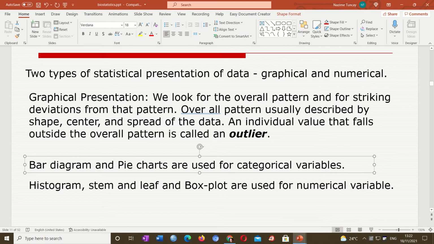What do we do when we have outliers? If we are delivering a research study, we take that outlier out of our study. If we have 100 students with ages 20 and 21, and one student at age 80, he's an outlier, okay?